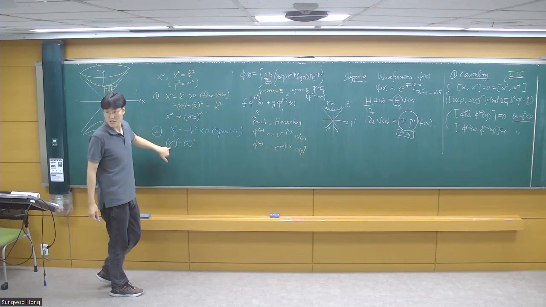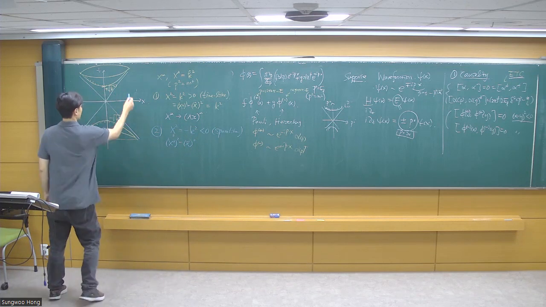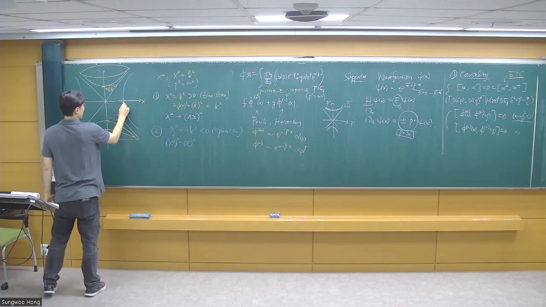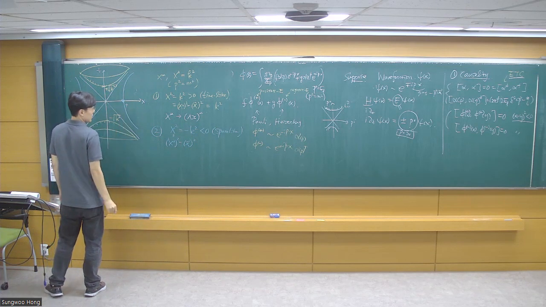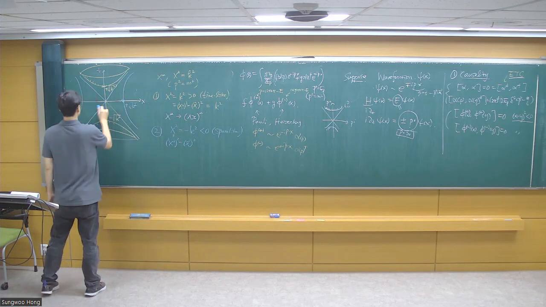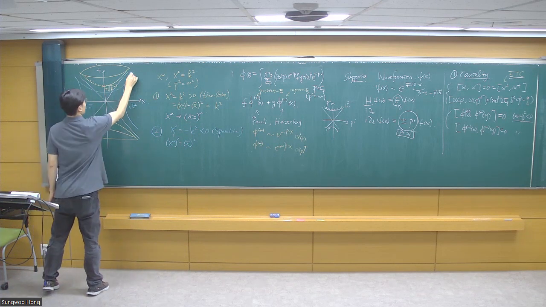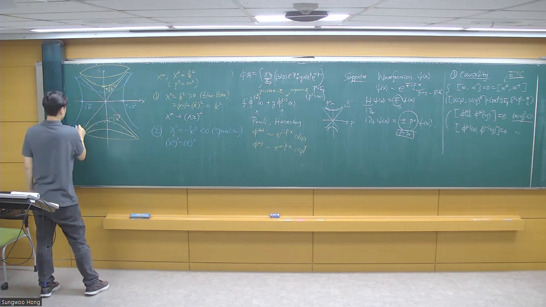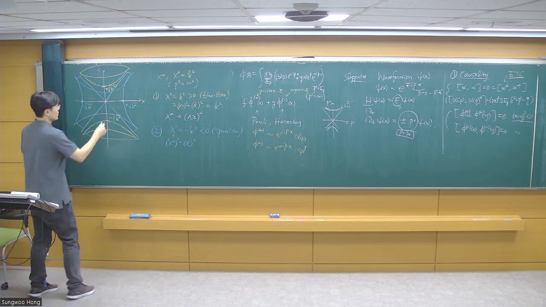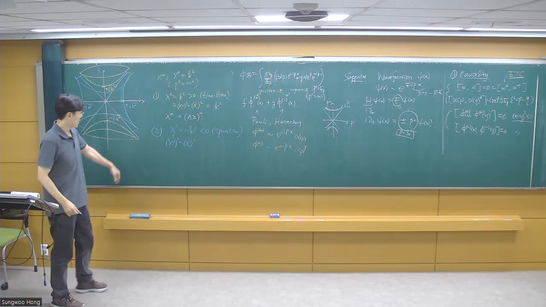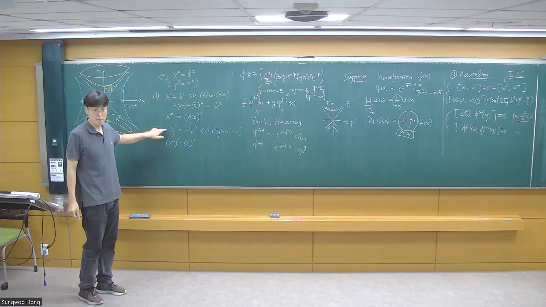The temporal part doesn't, right? So if I draw that thing, then it will look like this, but not the same k here. Okay? So this is a Lorentz invariant hyperboloid defined by this equation.